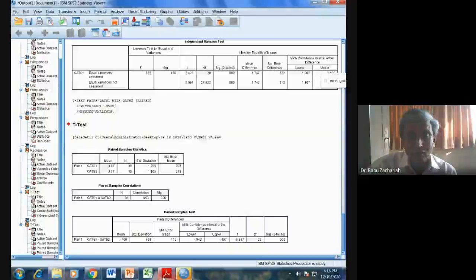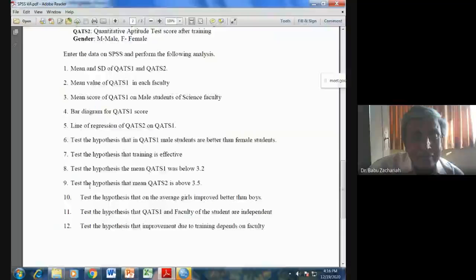And the next question, test the hypothesis that quartz 1 is below 3.2. So to test that one, you are comparing the mean with one particular value.